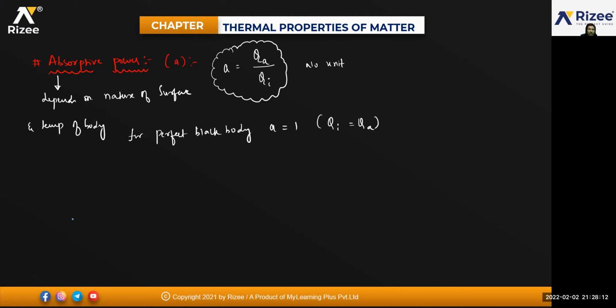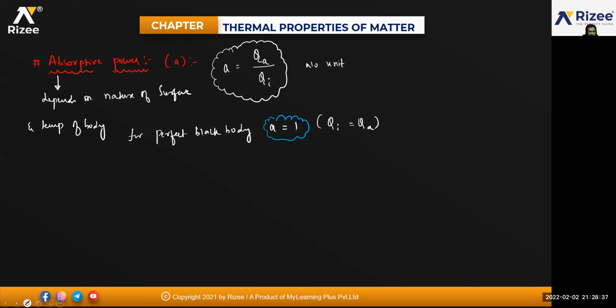Very important formula: absorptive power is the amount of energy absorbed per unit area per unit time divided by the amount of energy incident per unit area per unit time. As both of them are energies, it has no units. For a perfect black body, the A value is taken as 1 because whatever energy is incident, the same amount will be absorbed by this body.